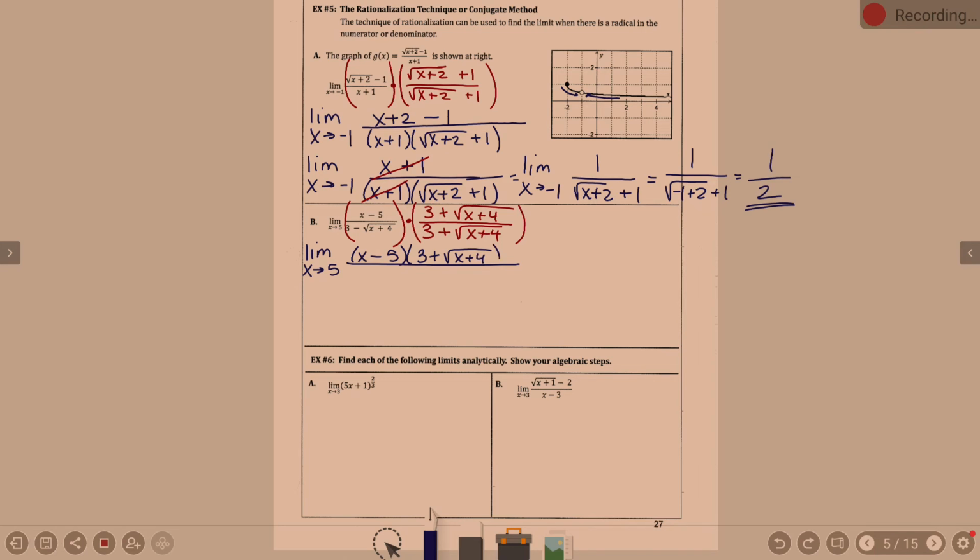Denominator, you're FOILing, yes? 3 times 3 is 9. When you do your outsides and your insides, they would cancel. Minus square root of x plus 4 times positive square root of x plus 4. It's going to be minus the quantity x plus 4.